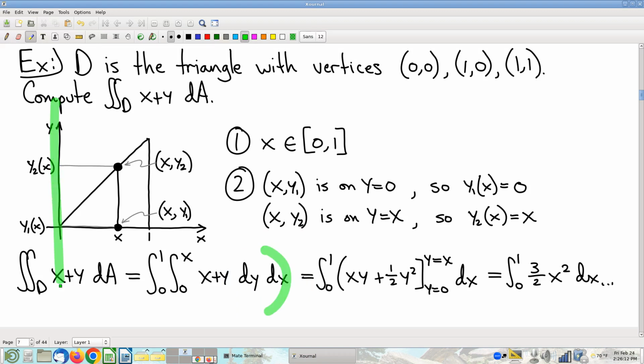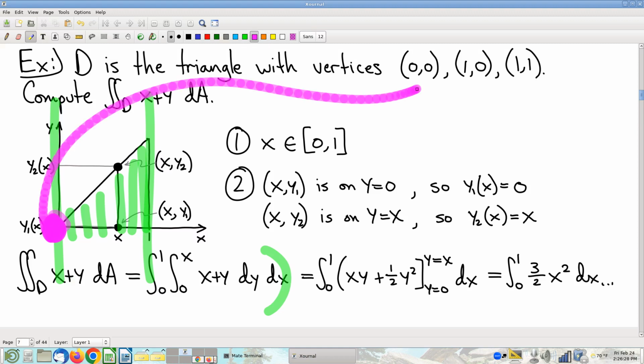Well, there's my first x slice. There's my last x slice. I think it's a pretty easy pitch that this is from 0 to 1. If you're not persuaded, though, notice that this point that is my first slice is that point right there that has x-coordinate 0. Thus my lower bound is 0.